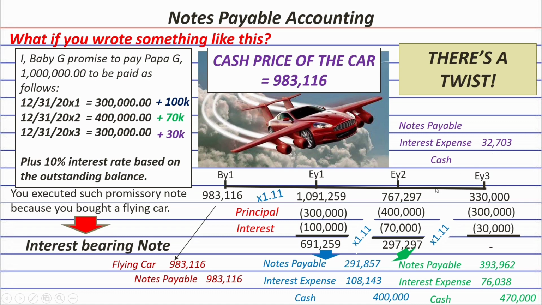And the debit notes payable is just this 297,297 minus 0. So we have to debit 297,297. And of course, let's have a credit cash for the last principal and interest payment, which is 330,000. Okay? So that's how you record and measure your notes payable in this illustrative problem.